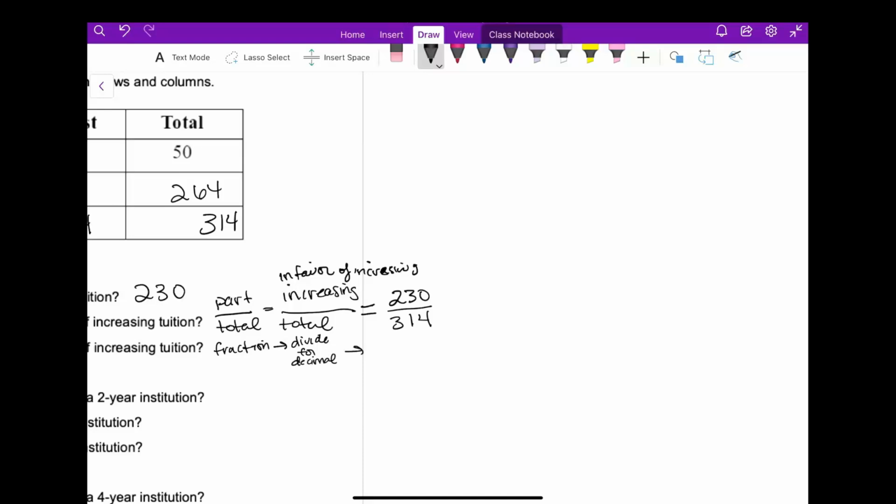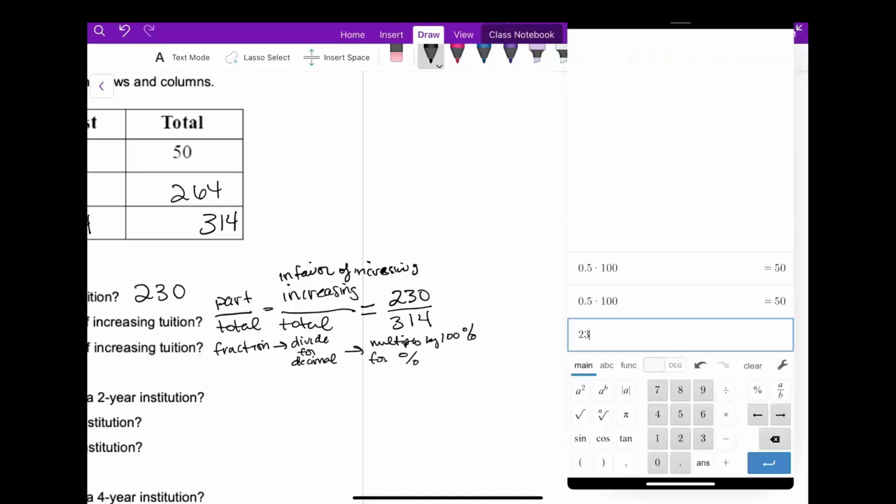And then we're going to multiply by 100%. 230 divided by 314, and this gives us 0.73248400764. Okay, so we're going to take this number and we're going to multiply by 100.